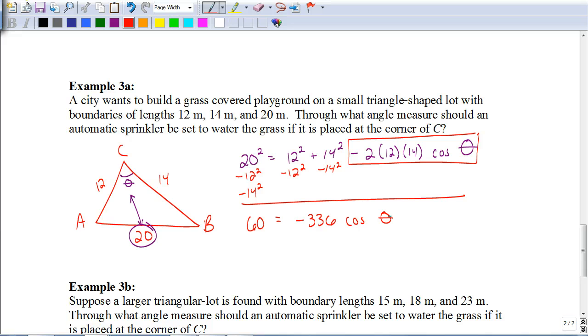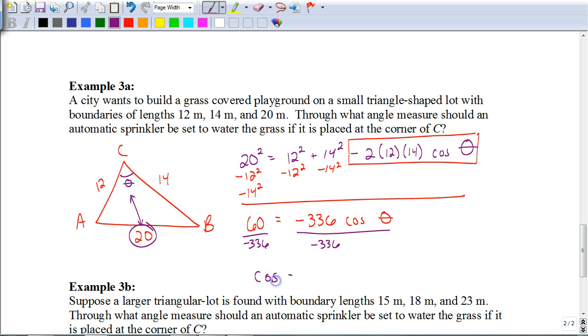Now, the next step is to get the cosine by itself. So I'm going to divide both sides by negative 336. When I divide by negative 336, I'm going to get negative 0.179 as my answer.